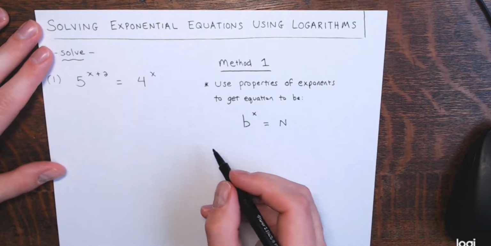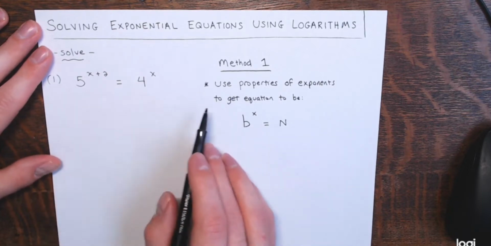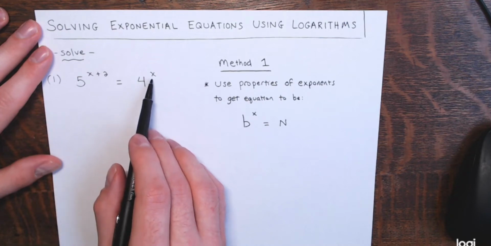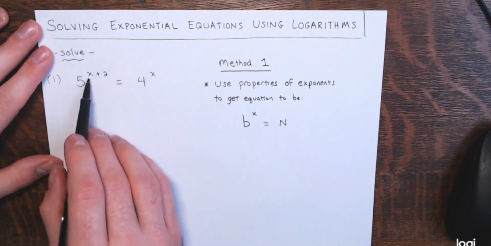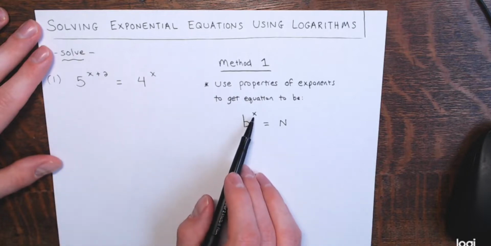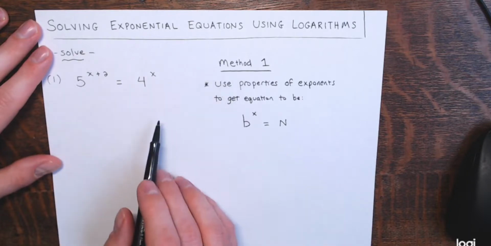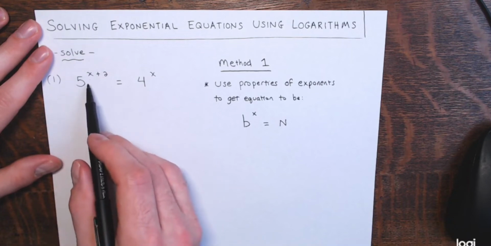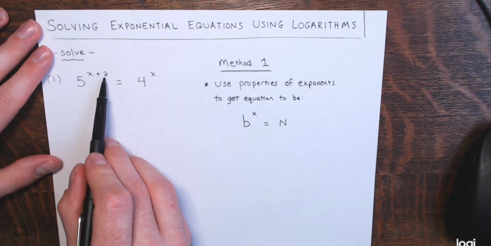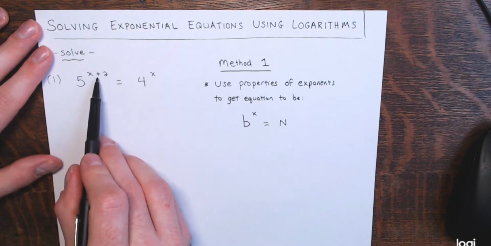So let's do that. Now 4 is already to the x power, but this 5 is to the x plus 2. I want things to be to the x power using this method. So I'm going to use a property of exponents. You see here in the exponent there's a sum, and you have to think, when do powers get added?